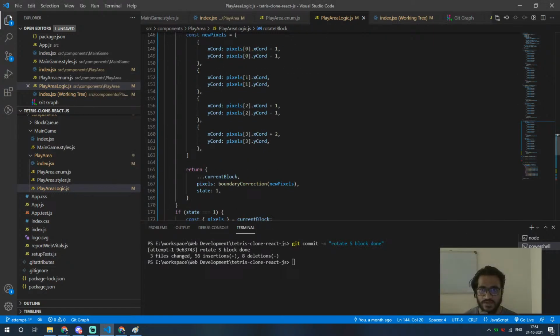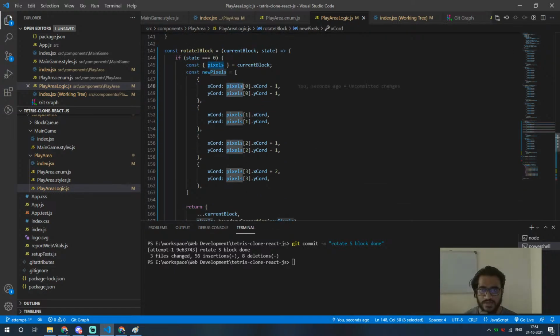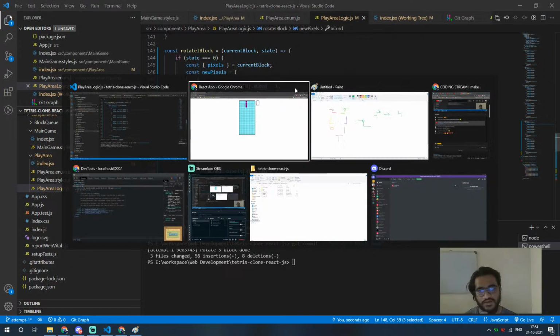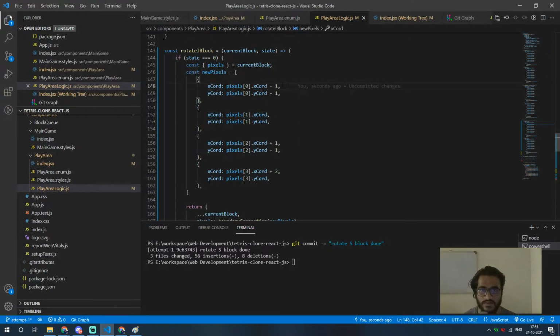If state is 0, it would change to 1, and since we have made the second pixel our anchor, our first pixel would be -1 x-axis and -1 y-axis, which is what it is right now, and the second pixel would be the same.